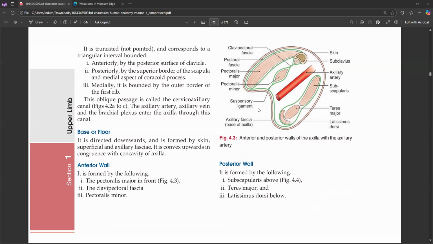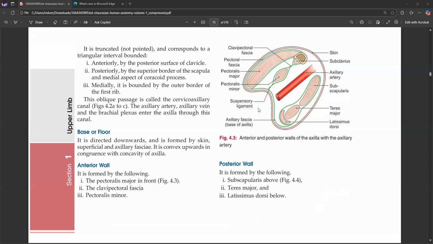Base or floor. It is directed downwards and is formed by skin, superficial and axillary fascia. It is convex upwards in congruence with the concavity of the axilla. Anterior wall. It is formed by the following: the pectoralis major in front, figure 4.3, the clavipectoral fascia, and pectoralis minor.